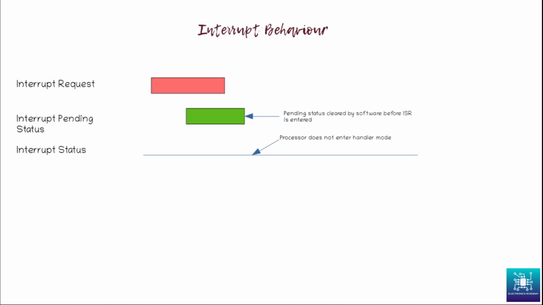So this is a simple scenario where you have an interrupt request coming in and the hardware sets the pending status. But before the interrupt can be serviced, the software, that is you, have decided to clear the pending status even before the interrupt has started processing. So basically what happens here is the interrupt is never executed. The interrupt is cancelled.